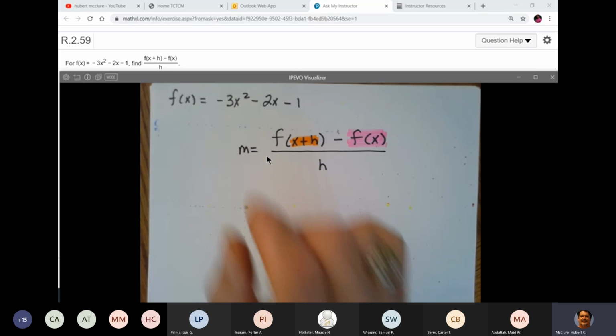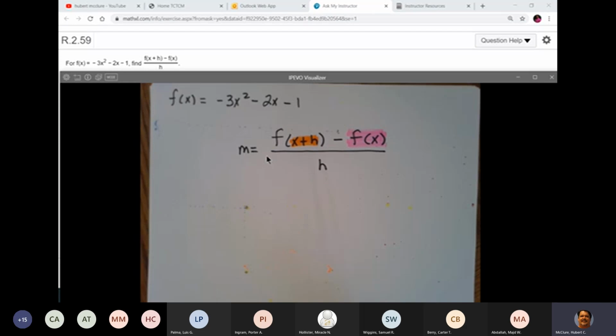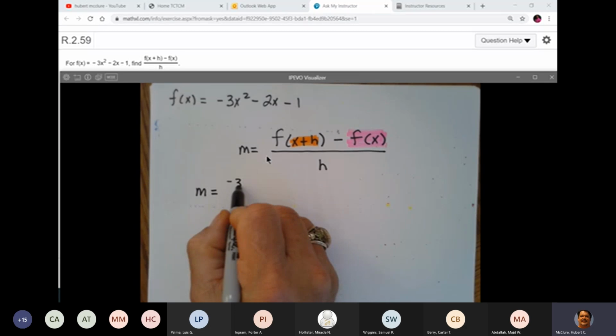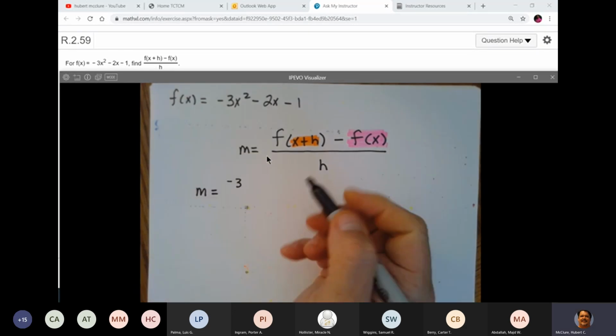So it's going to be m is equal to negative 3, negative 2, negative 1, and I'm going to plug in right here, parentheses squared, parentheses, and I'm going to put all that in brackets.